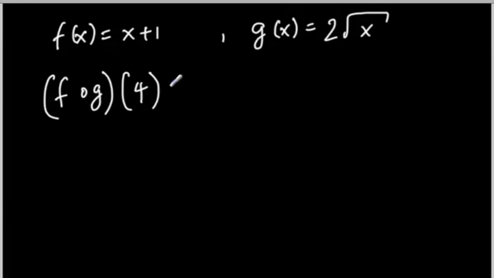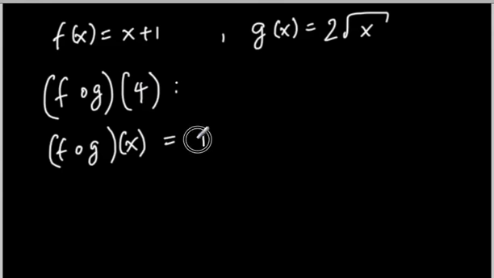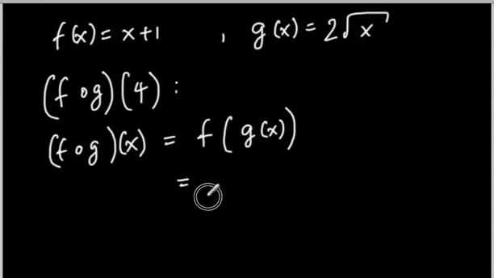So the best way to do this is to first find what is f of g of x. Okay, so let's find this, and then later we can simply plug that 4 in and we'll get our answer. So what this means is f of g of x, okay? G of x, as we know, is 2 root x, so f of 2 root x, okay?